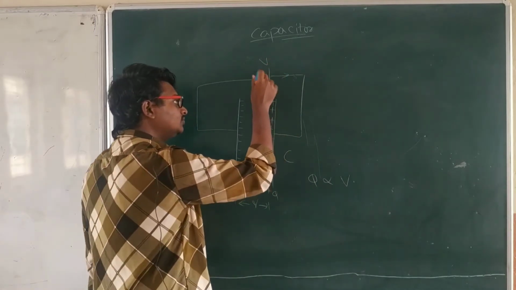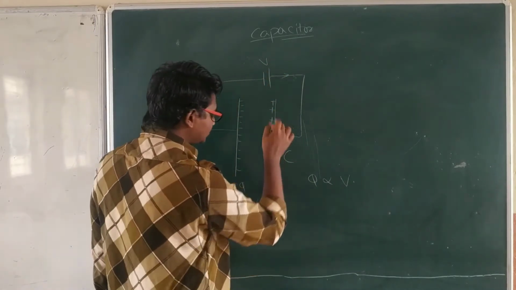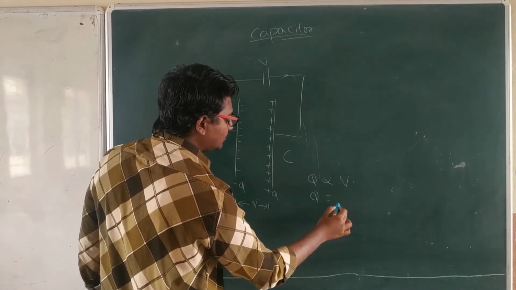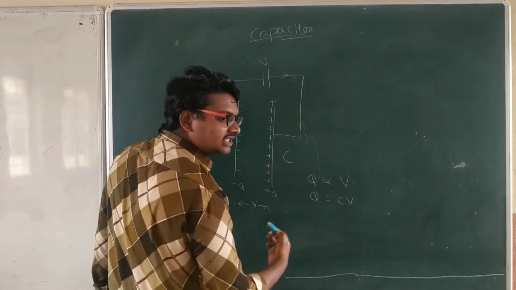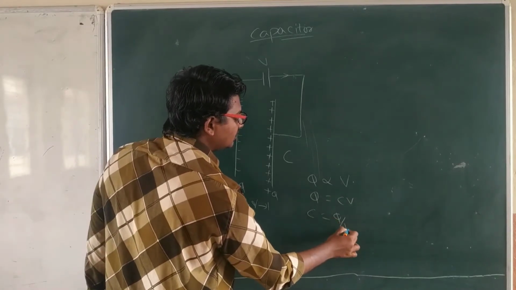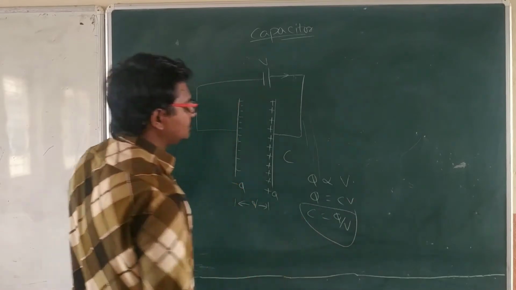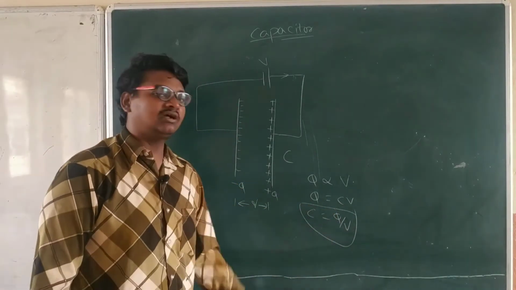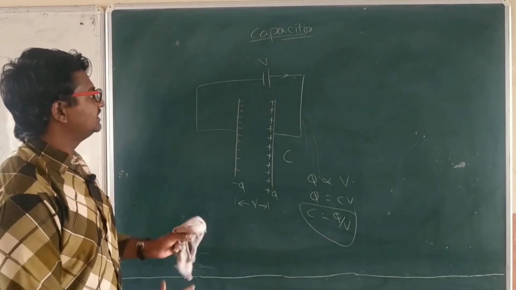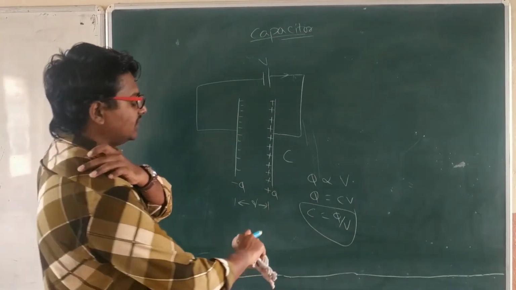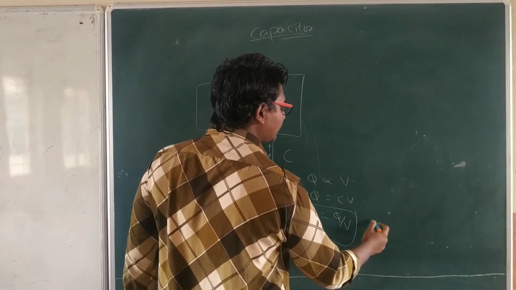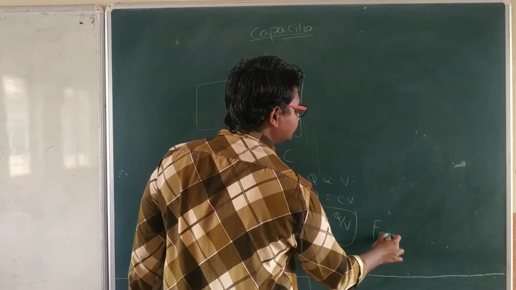In this manner, if you want to keep it constant, Q equals CV, and C equals Q by V. This constant C is called capacitance. C equals Q by V. In this manner we will see this. And now units for capacitance. Capacitance is measured in farad.